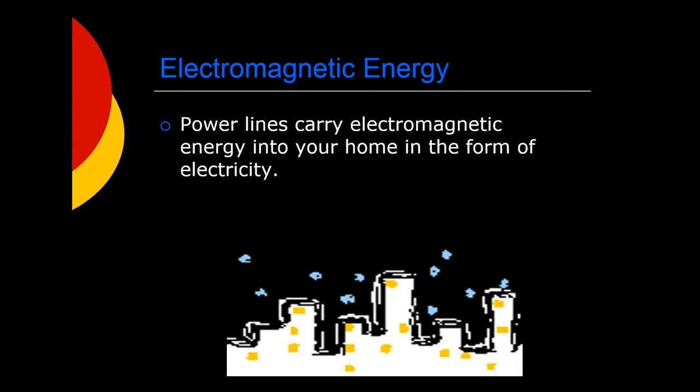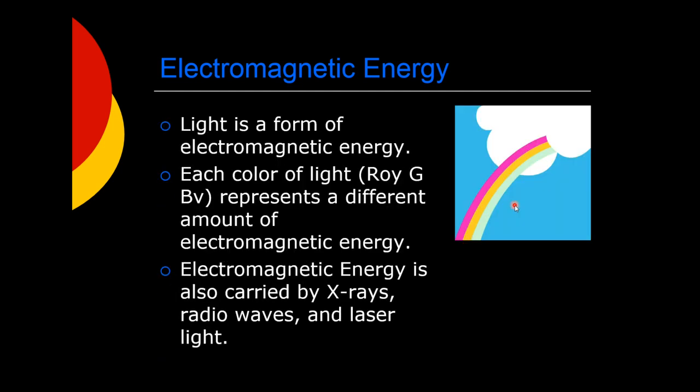Electromagnetic energy. Power lines carry electromagnetic energy into your home in the form of electricity. So electricity is a form of electromagnetic energy. Now there's more than one. Electromagnetic energy can also be in the form of light. So we have light and we have electricity. Each color of light represents a different amount of electromagnetic energy.